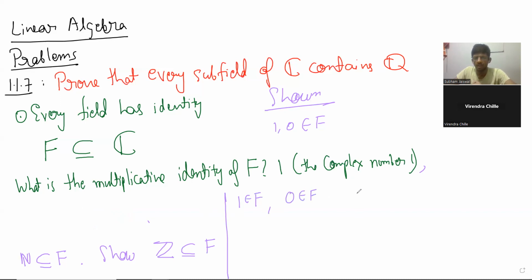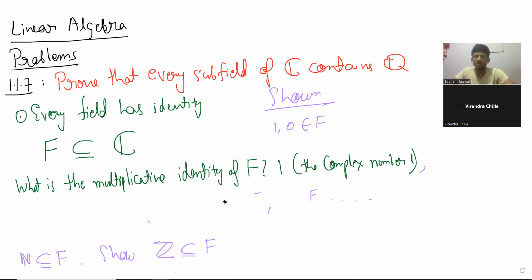Okay, but you should say that the additive inverse of 1 has to be there, right? In a field, every element has an additive inverse. You have to say that. Otherwise, you are saying the correct thing, but you have to say it so that it follows from the rules. You have to write that a field has additive inverses: every element has an additive inverse, and so minus 1 is there, so Z is there.